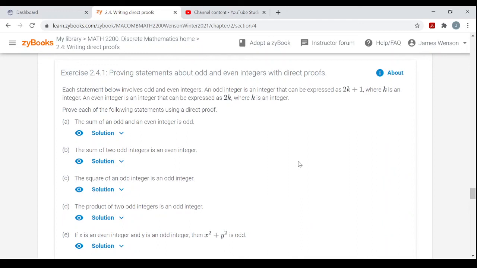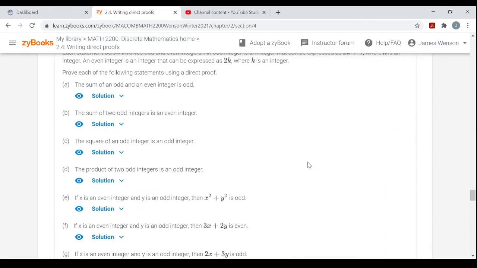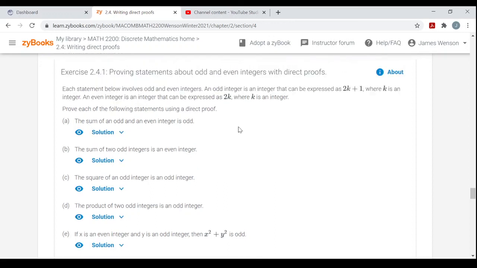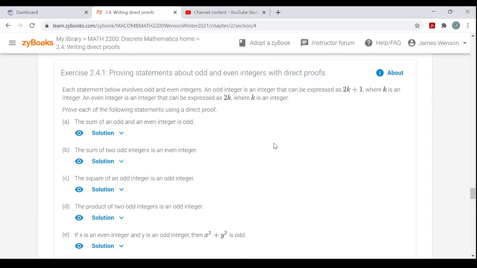All right, then you have your additional exercises. Some of these are in your assignment 3 that you need to upload to me in Canvas. The solutions are there if you'd like to look at them to check yourself, but please, please, please try to do these on your own first before you look at the solutions.